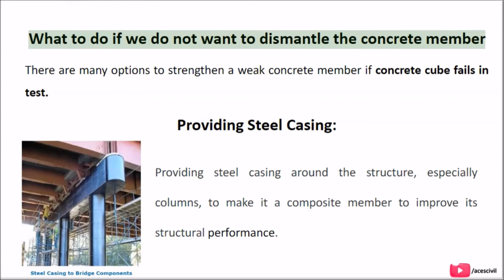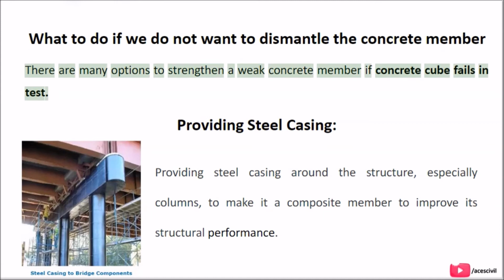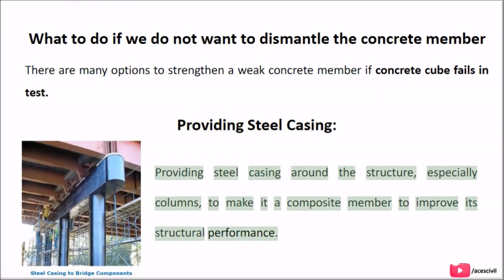What to do if we do not want to dismantle the concrete member? There are many options to strengthen a weak concrete member if the concrete cube fails in test. Providing steel casing: providing steel casing around the structure, especially columns, to make it a composite member to improve its structural performance.